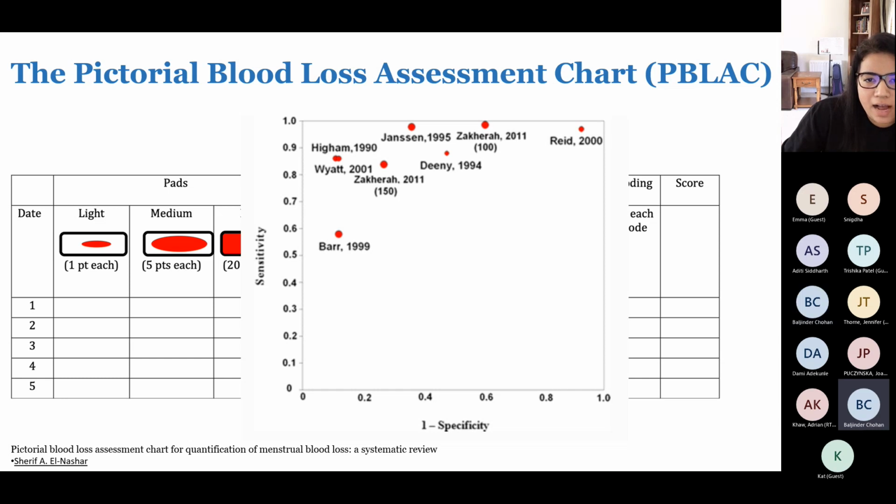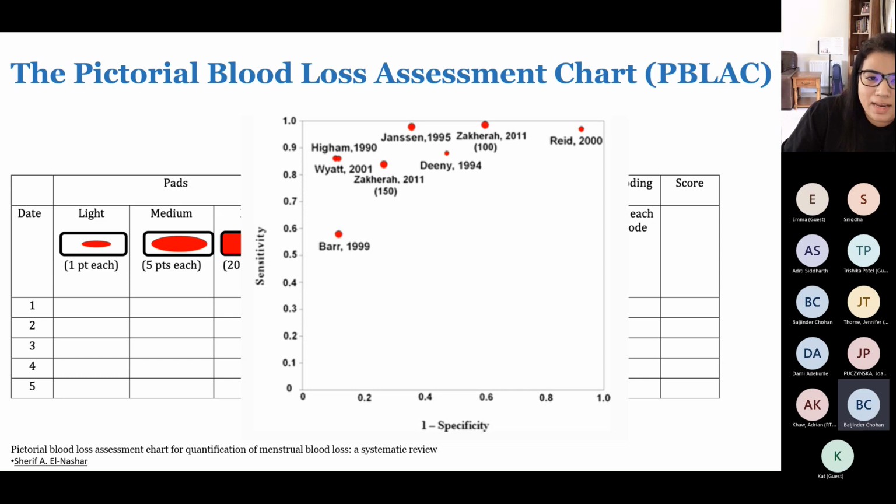Obviously you have a big variation because these studies did not follow the exact methodology. Not all of the pads were specified as to what they used, and therefore there is a big variation in how the studies presented their results.